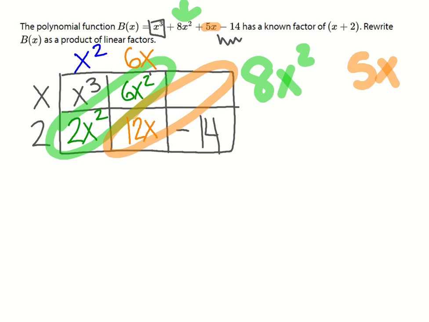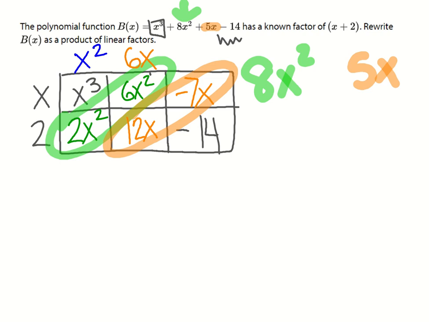Now, I know what I have circled in orange has to add up to 5x. So 12x plus what will give me a 5x? I know I have to have a negative 7x here, because 12x plus negative 7x will give me a 5x.